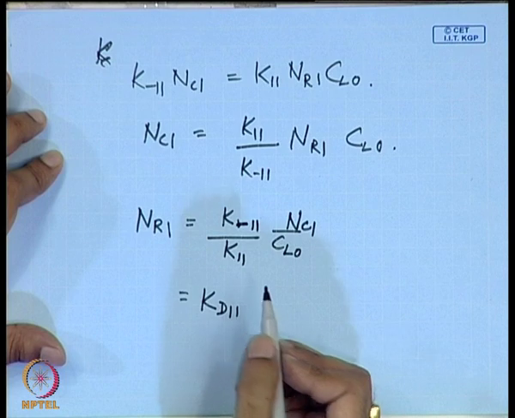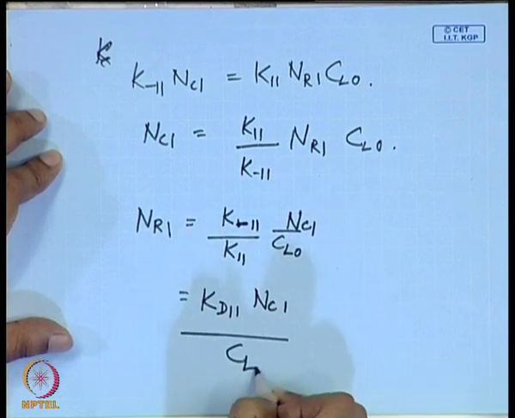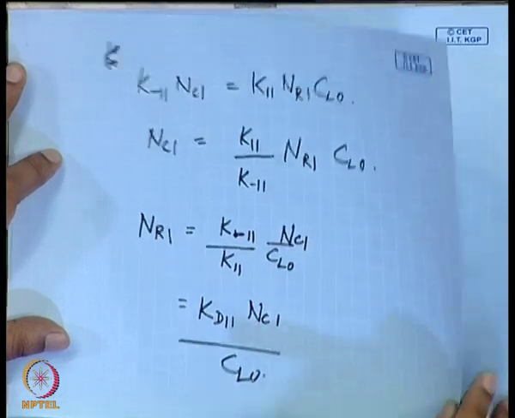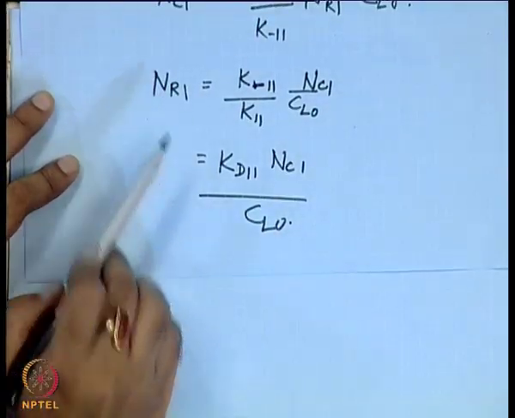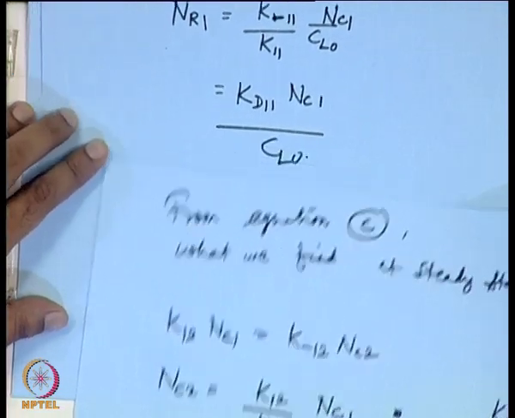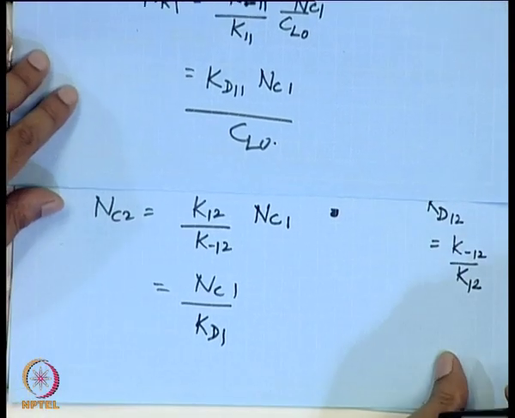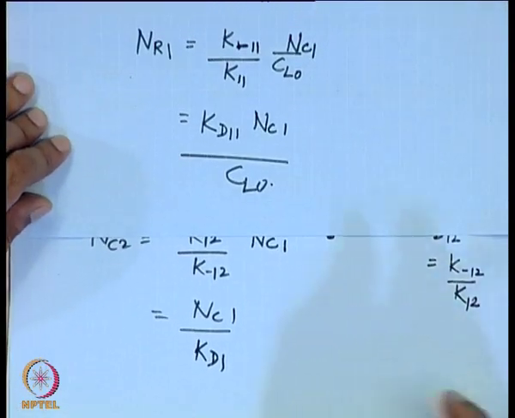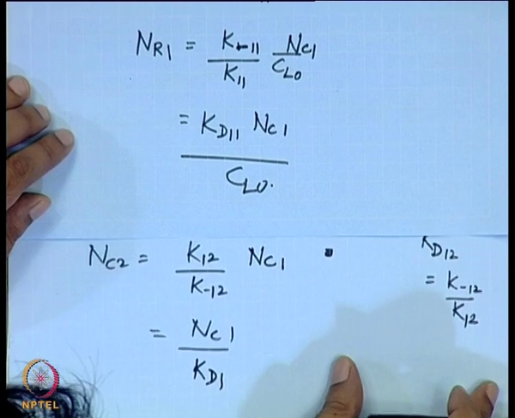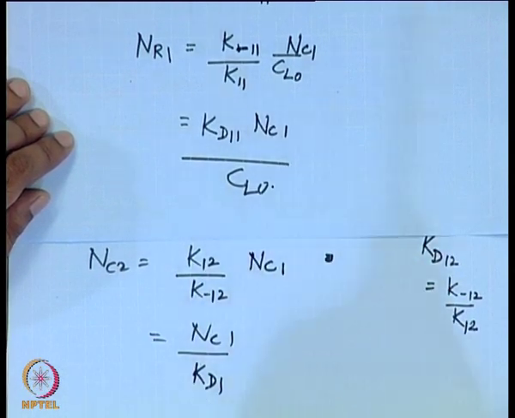Previously I had written KD12, so I can use this for KD11. So, NR1 equals KD1 NC1 over CL0 and NC2 equals NC1 over KD1.